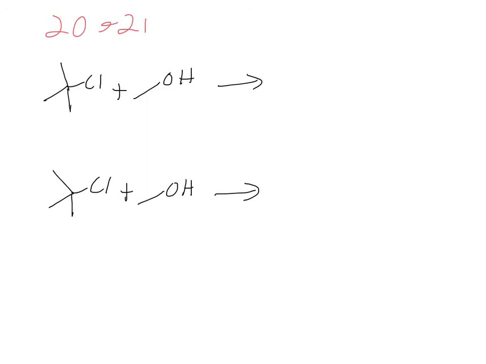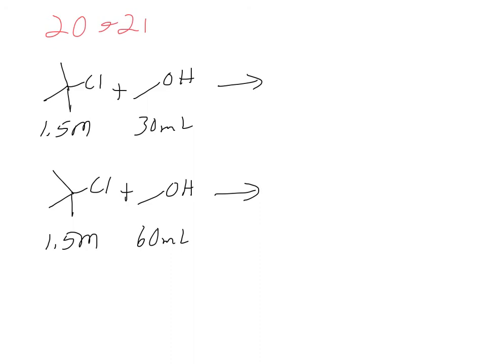What they change though is they say this is 1.5 molar, this is 1.5 molar, and there's 30 mL of this, and there's 60 mL of this. Then they ask you what the products are, and predict which reaction will occur at the faster rate, slower rate, or same rate.